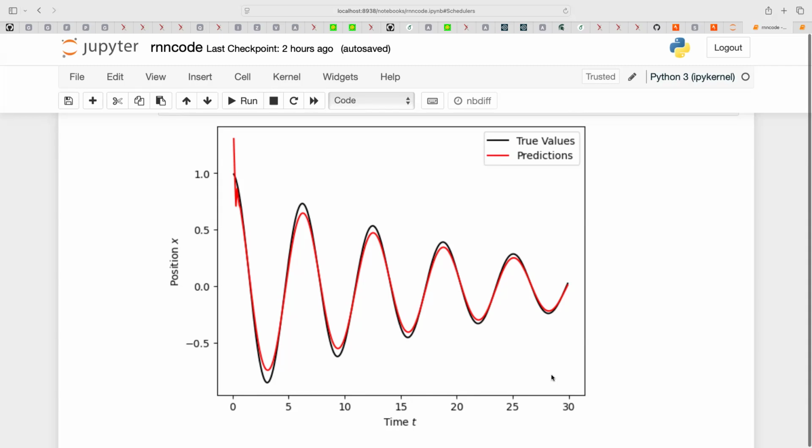So at a certain point here, after some time, this will just stop. But you see the power of the RNN. Suppose now you have a complicated differential equation solver, and then you would use that complicated differential equation solver for just a few time steps, let's say up to here, because that's time consuming.